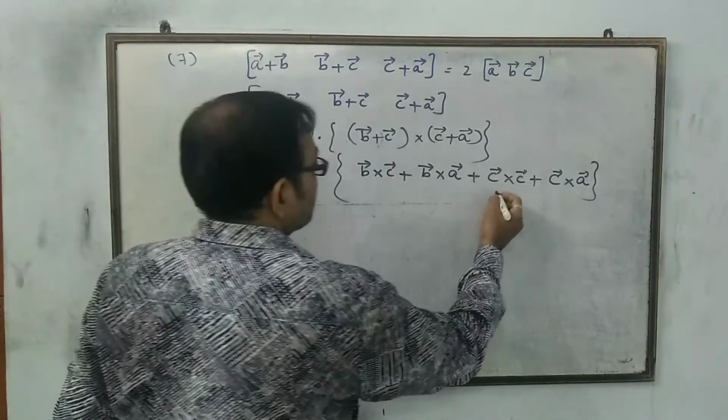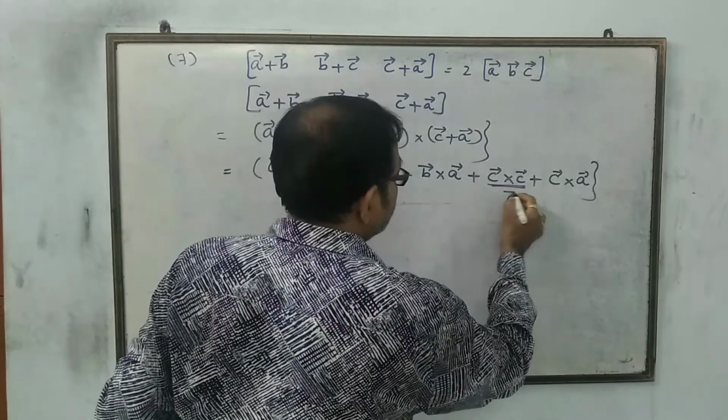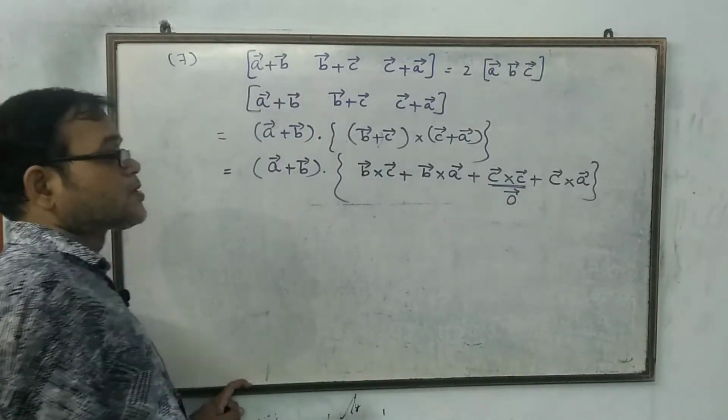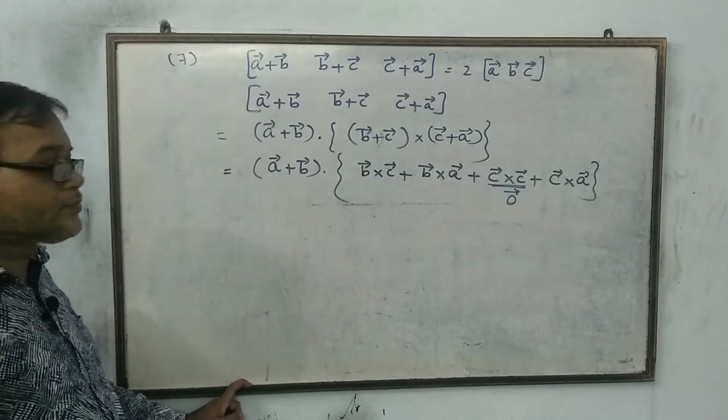The cross product of two equal vectors is a null vector. C cross C is equal to a null vector.